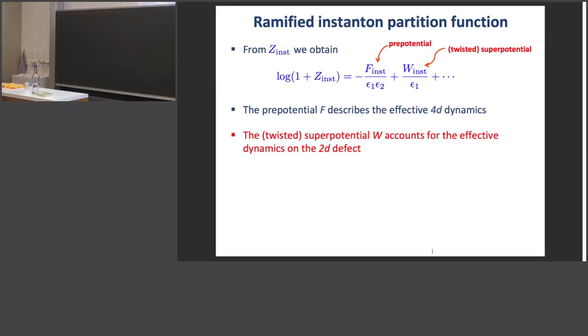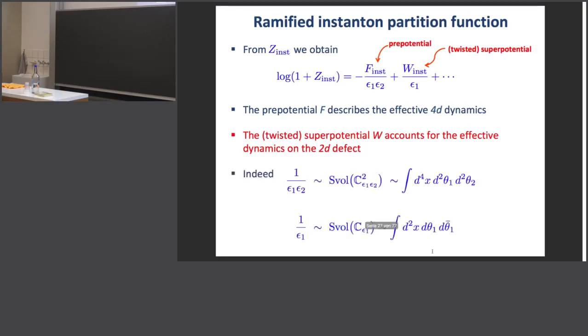But in this case, there is a subdominant piece, 1 over epsilon1, whose coefficient has a purely 2-dimensional interpretation, and it is the twisted superpotential, which accounts for the effective dynamics on the 2-dimensional surface of the defect.